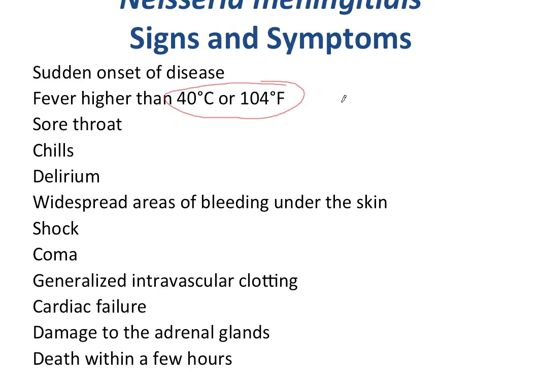Because this bacteria invaded the respiratory tract firstly, the patient has upper respiratory tract symptoms. This is related to high fever.